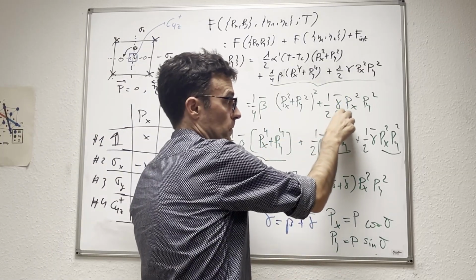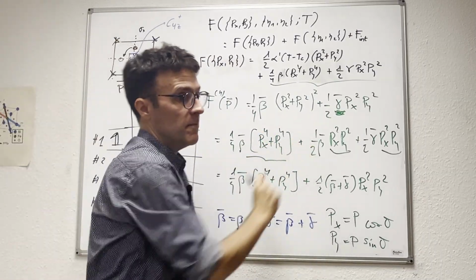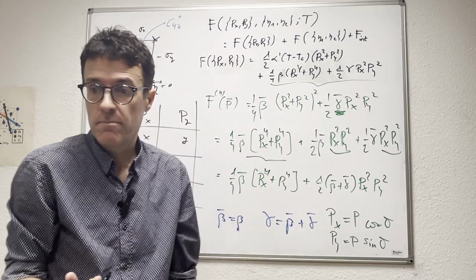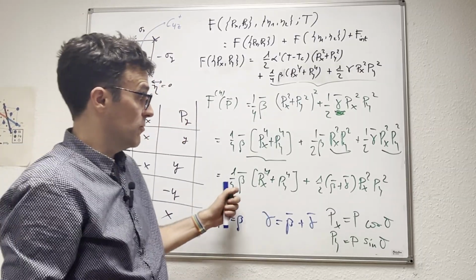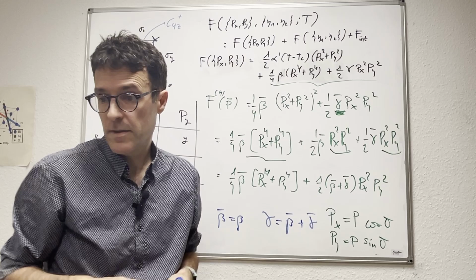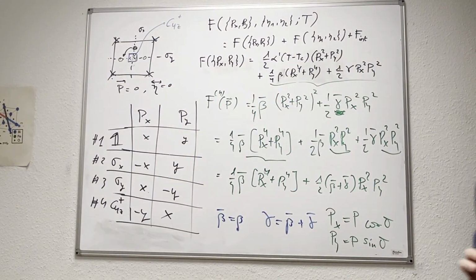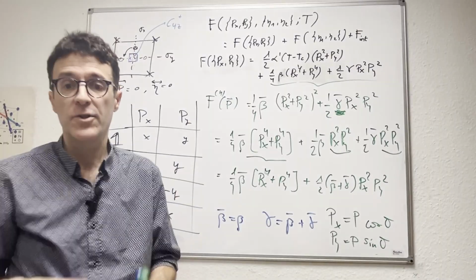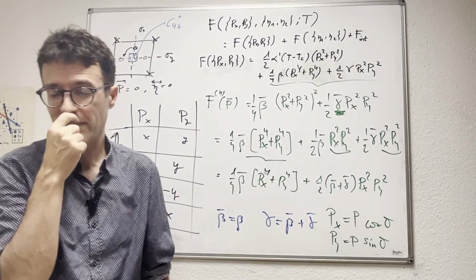So in this representation, gamma bar gives us the anisotropy. In the other representation, the anisotropy is distributed between the two parameters. And this is a very useful thing to separate: to work as much as possible with isotropic contributions to the energy and anisotropic contributions to the energy.